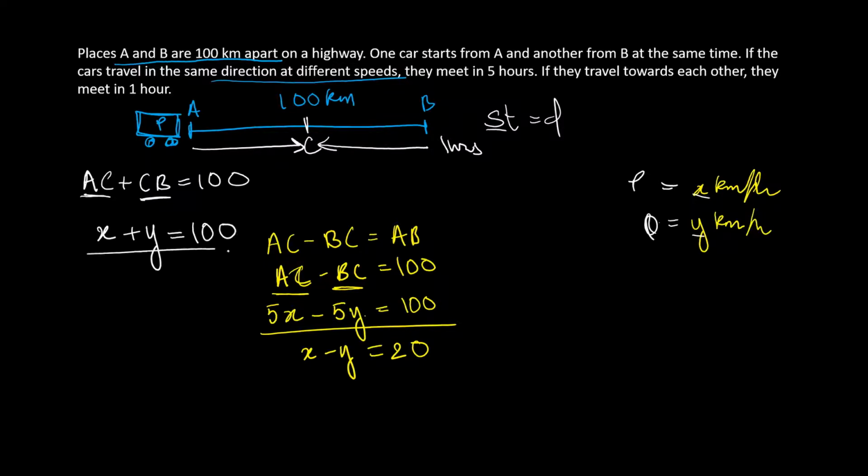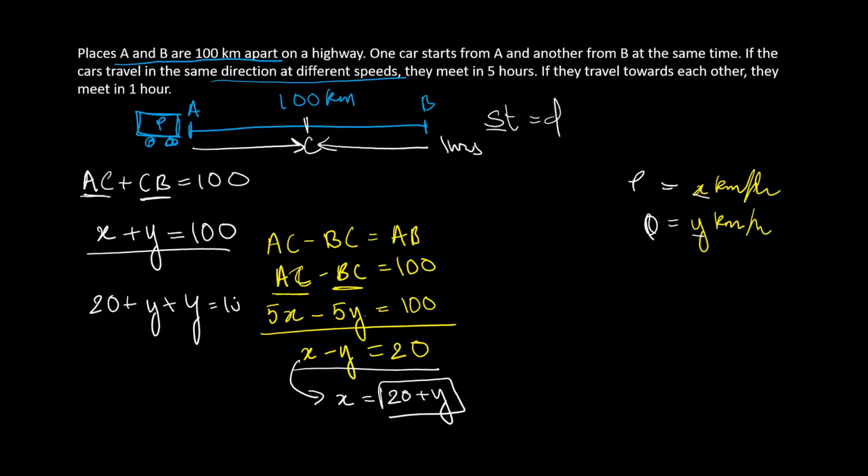Now if I have x plus y equals 100 and x minus y equals 20, I'm going to write this as x is equal to 20 plus y. Now when I write this as 20 plus y and substitute the value over there, I'll get 20 plus y plus y, so 20 plus 2y equals 100.